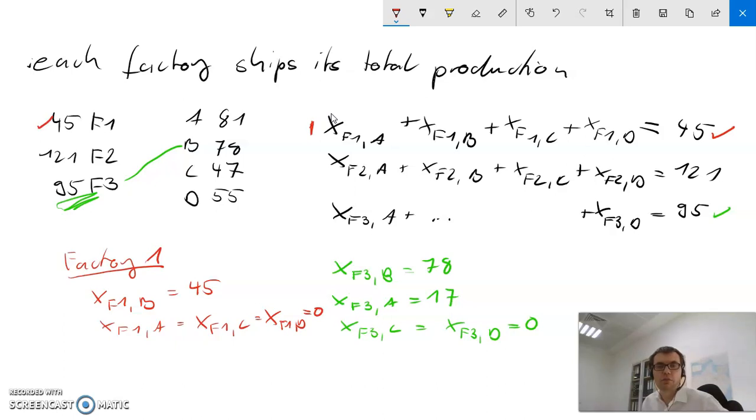But now, what is the problem? What is the problem of this solution? We fulfill the first constraint. We would fulfill the constraint number 3.